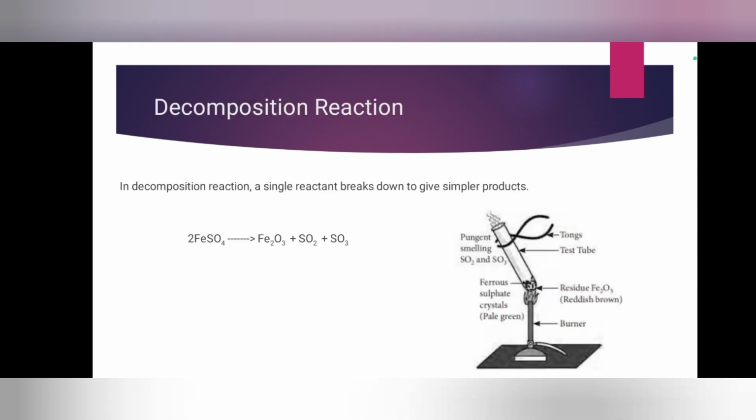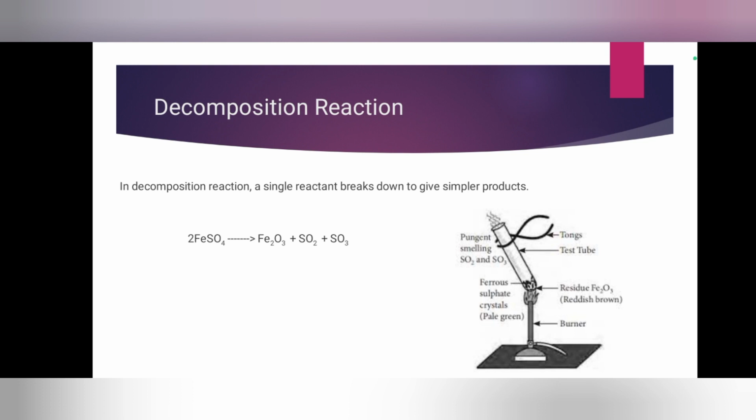Next one is decomposition reaction. Normally, this is known as the opposite of combination reaction. I hope all of you understood that combination reaction is the combination of different substances to give a single product.